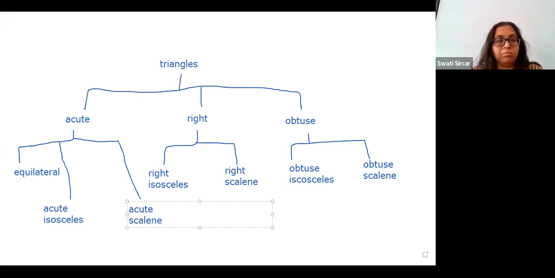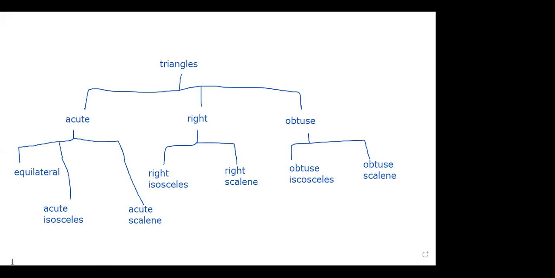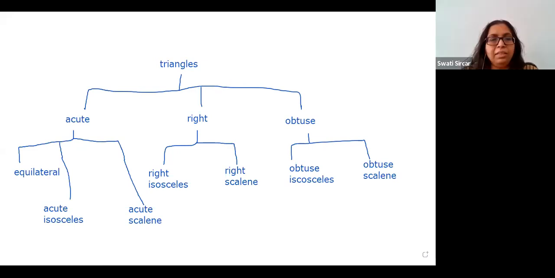Now I'm going to claim that among these, in one of these acute branches, there are actually 2 subtypes. Can you guess which one? Among these acute possibilities, there are 3 types, right?